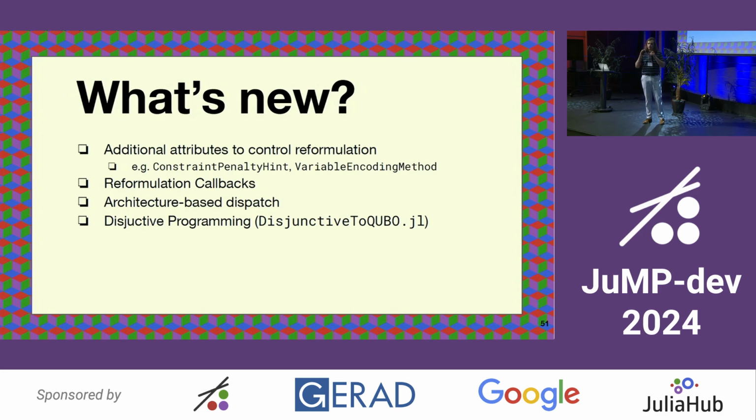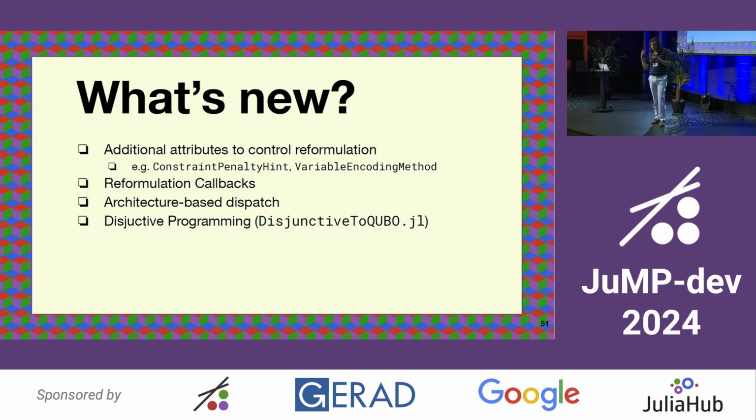QUBO and QUBODrivers operate at a MOI level, and QUBO provides the full JuMP integration experience. Usually the user is concerned about just using QUBO, while before, if you wanted to extend it, you would import QUBO and QUBODrivers.